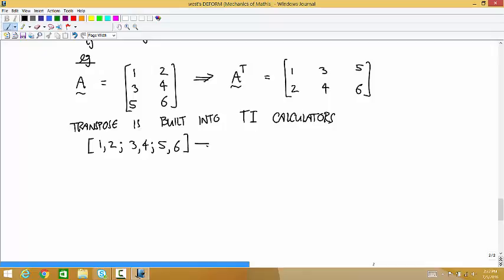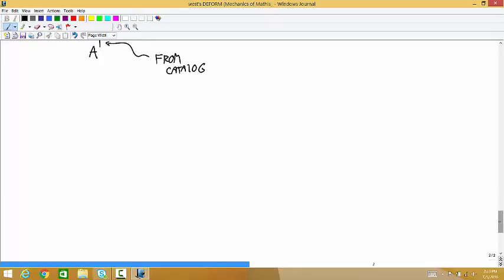And then use the store function to put that into a variable. And then you'd enter A, and then you'd go to the catalog and find this function. It just looks like an exponent, capital T. And if you type that in, it'll spit out the transpose of that matrix. Any questions about that?